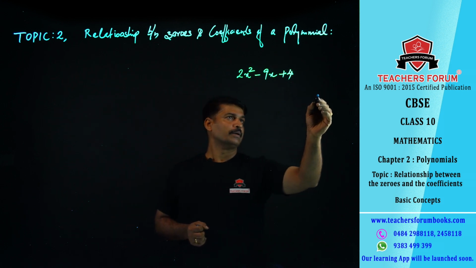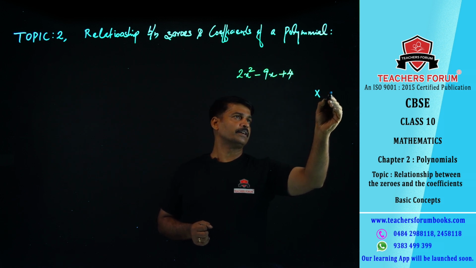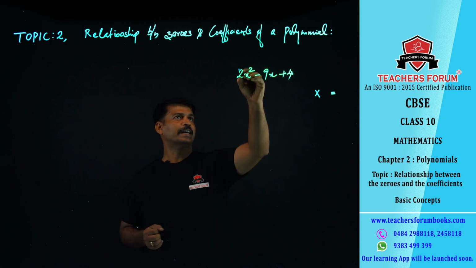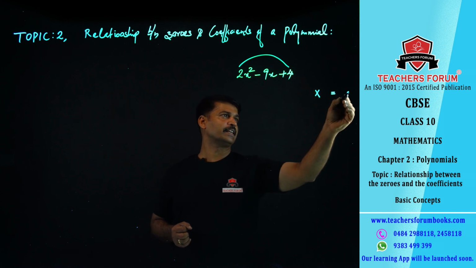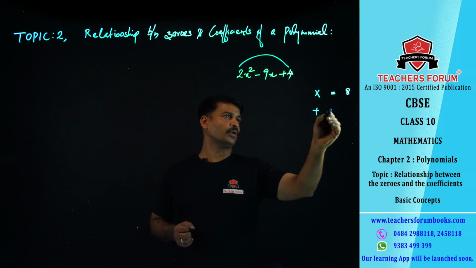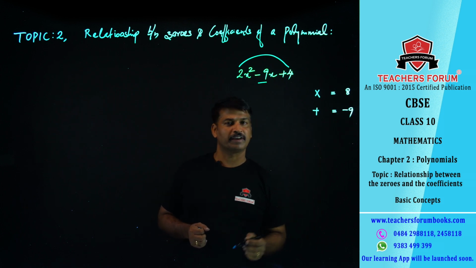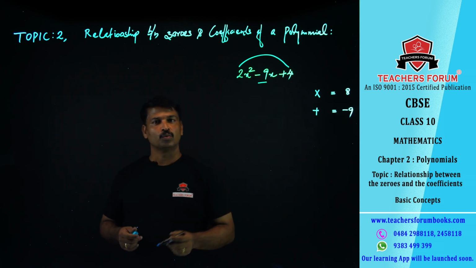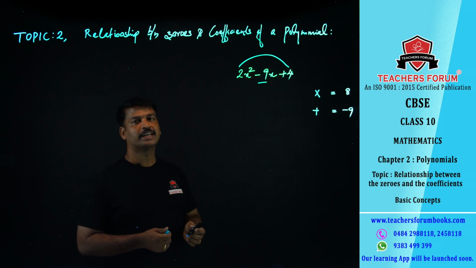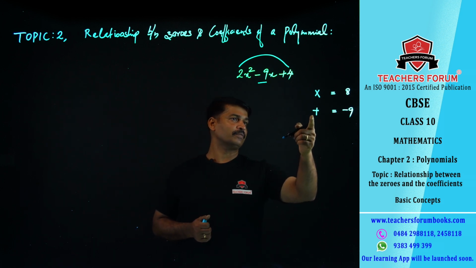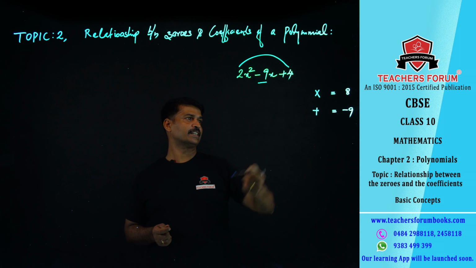Now here, when you multiply, you should get 2 into 4, that is 8, and when you add, you should get minus 9. So you should find out two numbers. When they are multiplied, you should get 8, and when they are added, you should get minus 9.